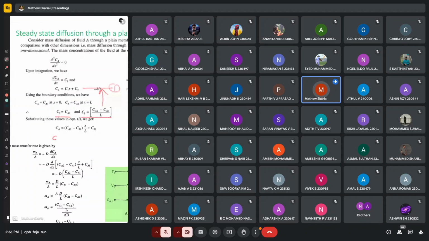So this is equal to Ca2 minus Ca1 into x by L plus Ca1. അതാണ്. സംശയം ചോദിച്ചാൽ ക്ലിയർ ആണെന്ന് വിചാരിക്കുന്നു. ഓക്കെ, പിന്നീട് ഈ Ca എന്ന എക്സ്പ്രഷൻ ഡിഫറൻഷിയേറ്റ് ചെയ്യണം. അതാണ് പിന്നീട് പോകുന്ന ഡെറിവേഷൻസ്. ഓക്കെ, ഐ ഹോപ്പ് ഇറ്റ്സ് ക്ലിയർ.